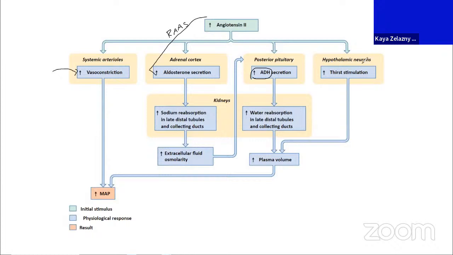And it affects the hypothalamic neurons and has an effect on your behavior: angiotensin 2 makes you thirsty. So it has a number of different actions, but the final effect of all of them is to increase your blood pressure.